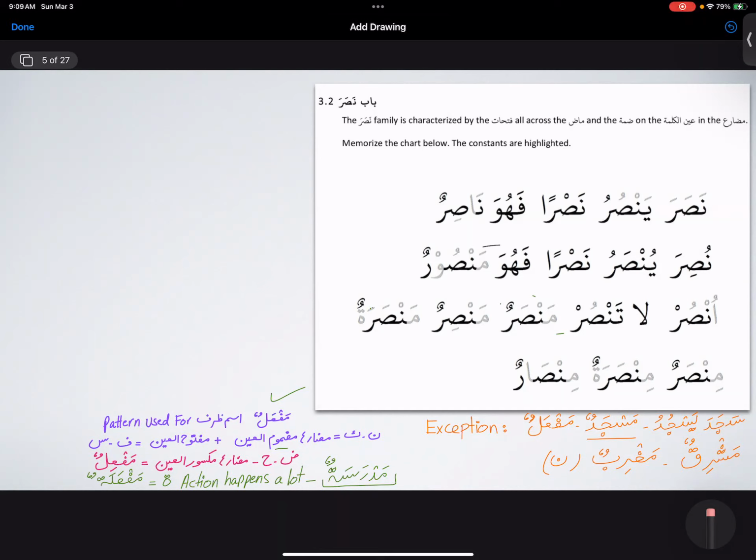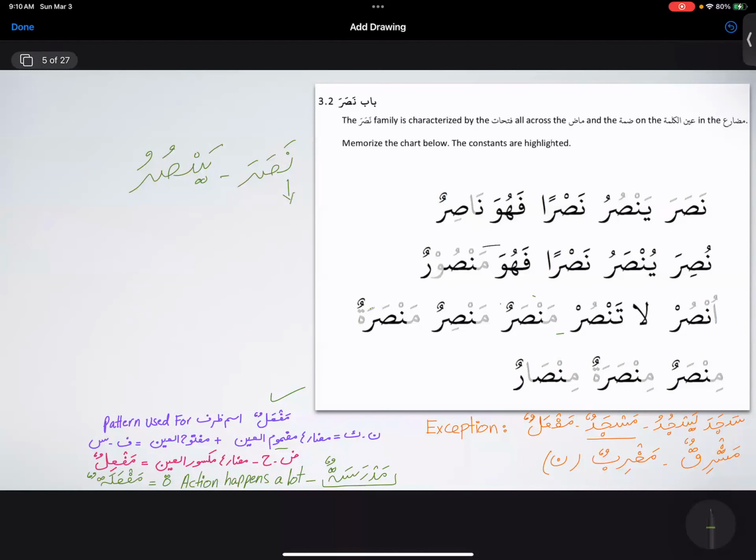Okay. So madmumul ayn, what does that mean? We are talking about mudari. We say nasara, and then comes yansuru. If I ask you, give me the wazn of nasara, what should be your answer? When I say wazn, you need to bring that with 3 root letters fa, ayn and lam. Fa'ala. Exactly, right?